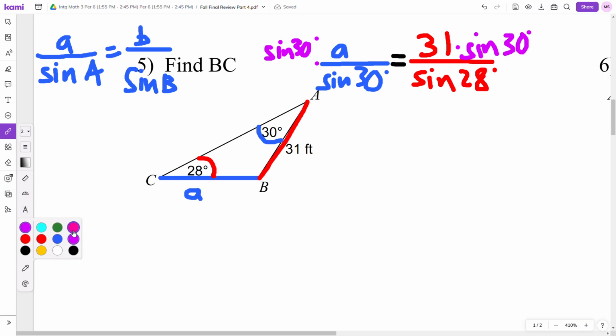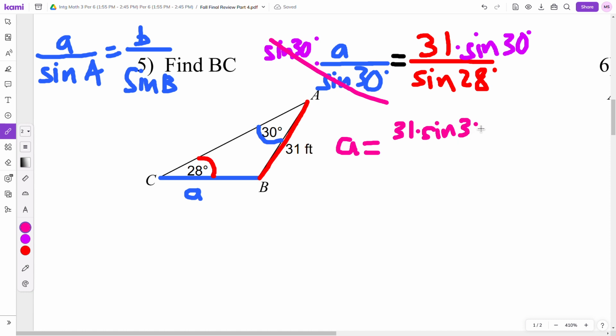And so now let's write this in simplified form. These would cancel, and so we would get A equals 31 times sine of 30, aka a half, divided by sine of 28. And now we're ready for the calculator.